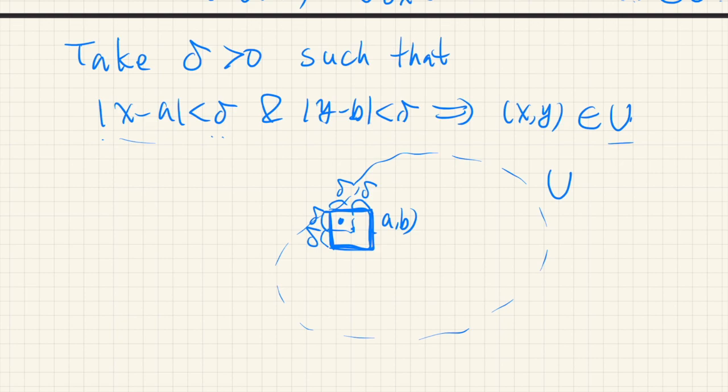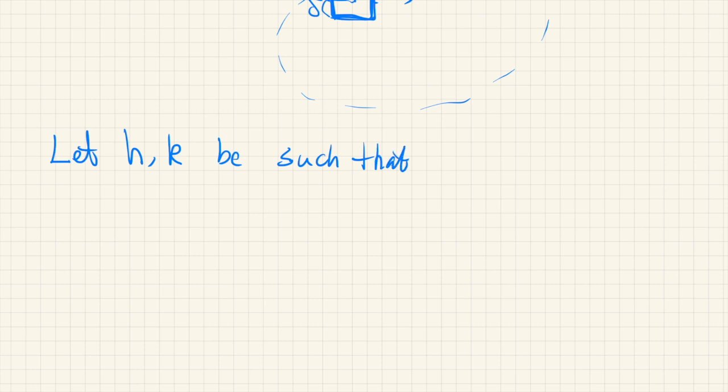Okay, so now let h and k be such that 0 less than absolute value of h less than delta and 0 less than absolute value of k less than delta.